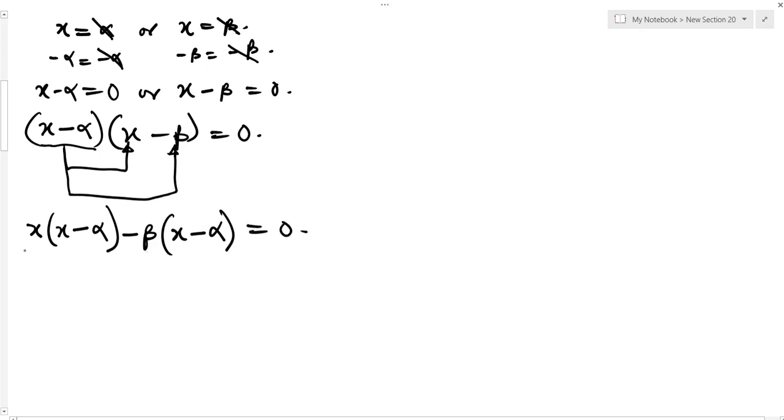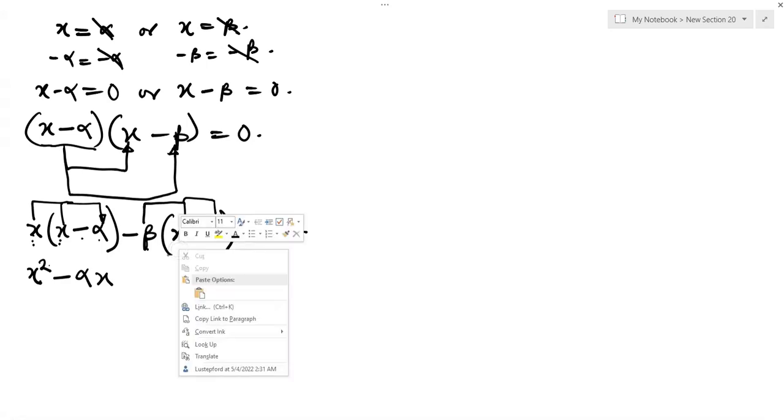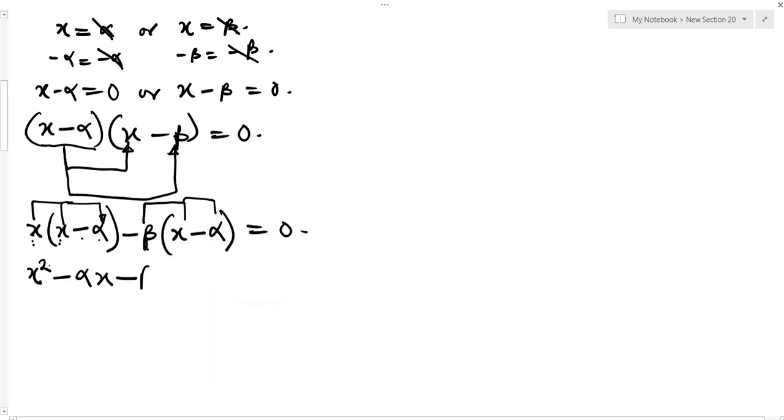If I expand, this times this, I have x squared, x times minus alpha is minus alpha x, minus beta times x will give you minus beta x.